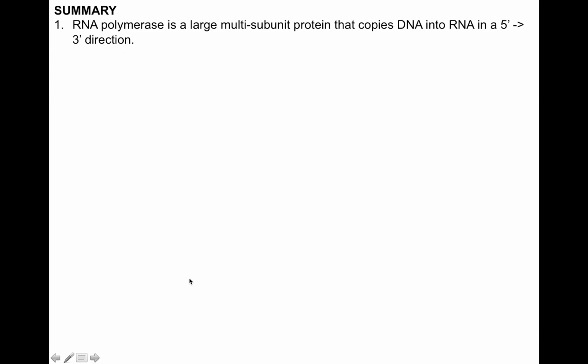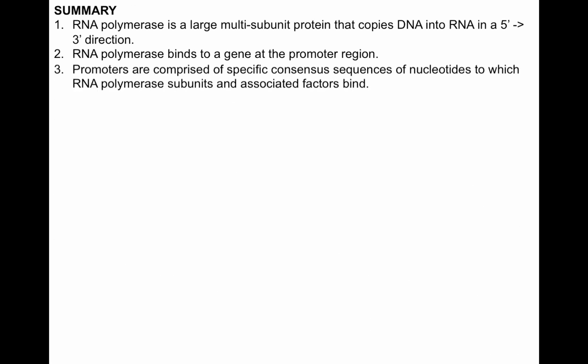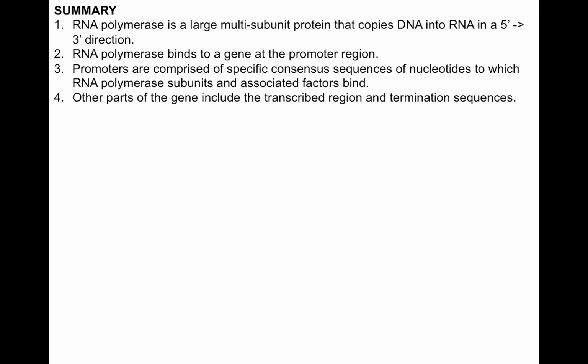So in summary, we learned that RNA polymerase is a large multi-subunit protein that copies DNA into RNA in a 5' to 3' direction. That RNA polymerase binds at the promoter region. The promoters are comprised of specific consensus sequences of nucleotides, the -10 and the -35 regions, to which RNA polymerase subunits and associated factors can bind.